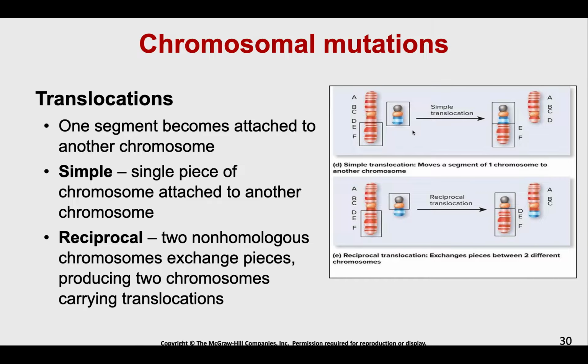We can also have a reciprocal translocation, where 2 non-homologous chromosomes exchange pieces, producing 2 chromosomes carrying translocations. Now we have 2 chromosomes that are completely altered. So there are these individual chromosome-level mutations that can occur.